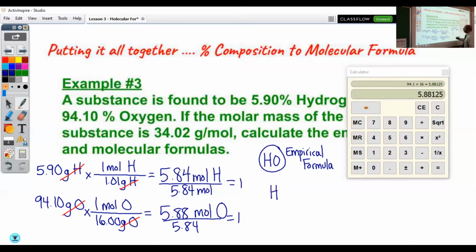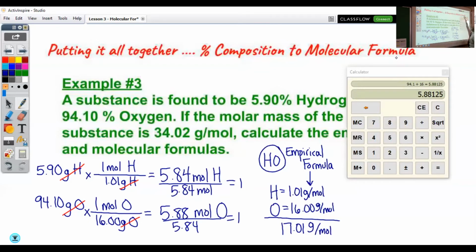This is what we learned earlier today. So hydrogen is going to equal 1.01 grams per mole. Oxygen is going to equal 16.00 grams per mole. And the total here is equal to 17.01 grams per mole. This is the mass of our empirical formula.